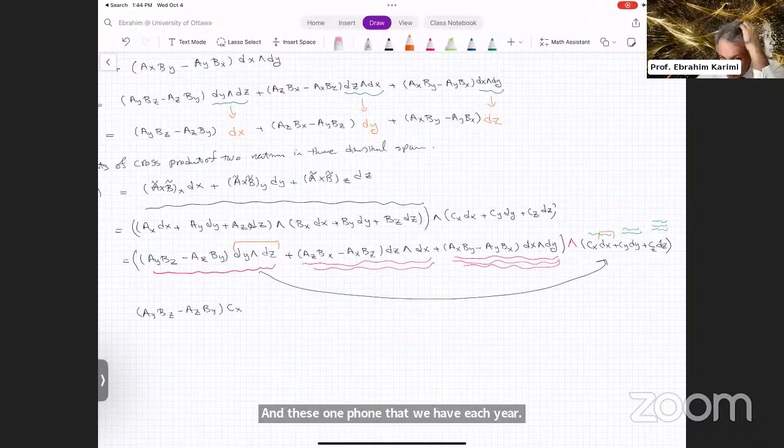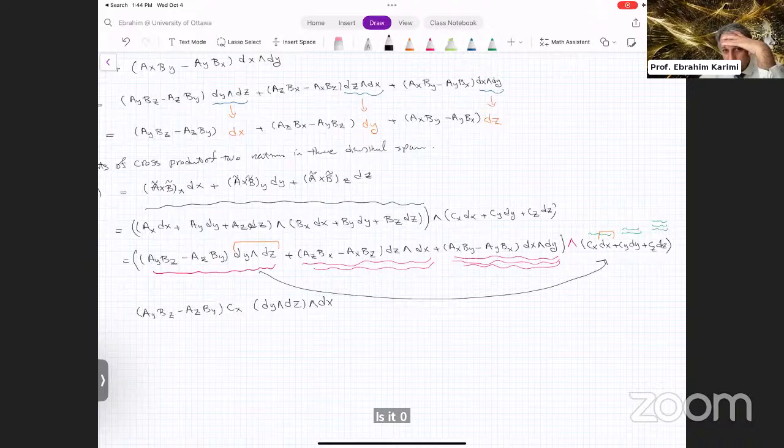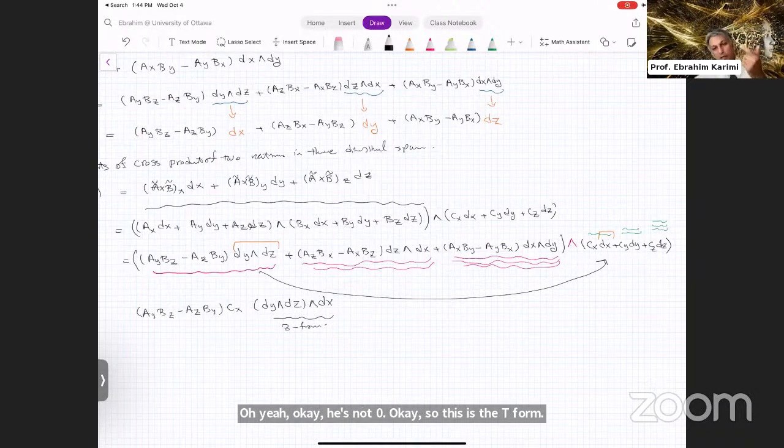Do we get 0? Why do we get 0? Because the term that I have is dy wedge dz wedge dx. Is it 0? Oh yeah, okay, it's not 0. So this is the 3 form that I'm expecting. From the 2 form multiplied by 1 form, you get the 3 form, and this is the 3 form that we got.